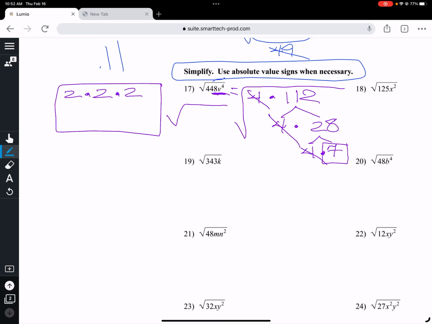So you just take the variable and cut it in half. If I have v to the 4th, what's half of that? v squared. So that's going to come out also into the playground. So 2 times 2 is 4, times 2 is 8. So we're going to have 8 v squared. What's left inside the radical? 7.